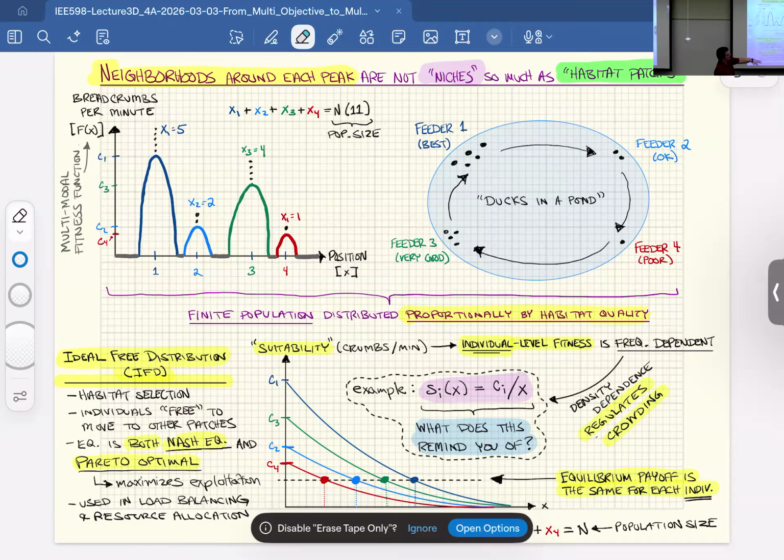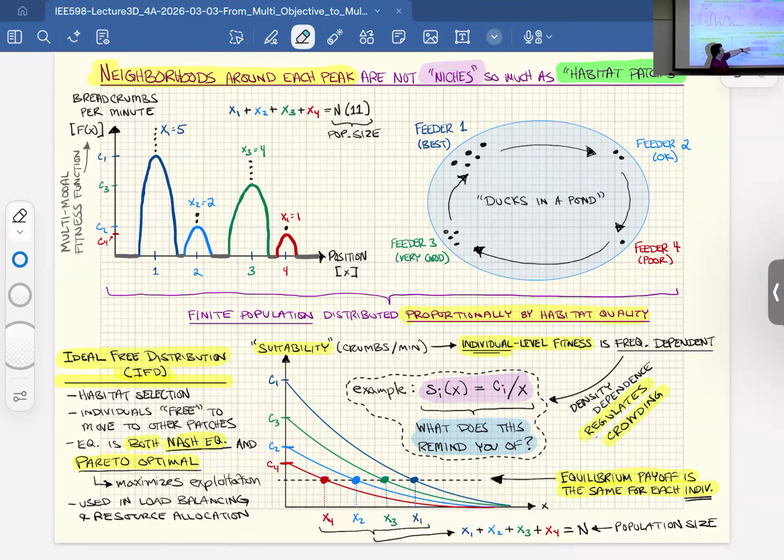But the basic idea here is that this idea of frequency-dependent reallocation among habitats is something that we see all throughout natural systems and is well described by this ideal free distribution that has suitability functions which are density dependent. So even though you have a general suitability for the area, that individual benefit felt by each duck is divided down by how many other ducks are there.